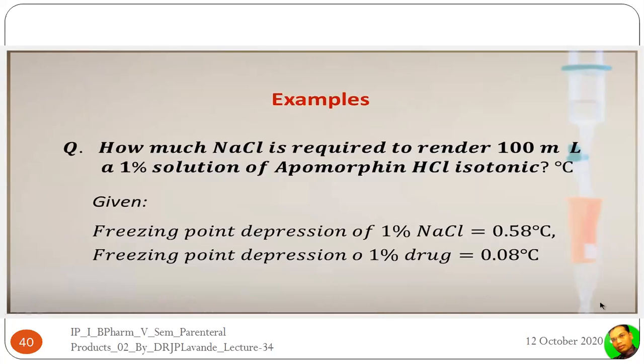Let's see an example: how much sodium chloride is required to render 100 ml of 1% solution of apomorphine hydrochloride isotonic. The freezing point depression of 1% sodium chloride is 0.58 degrees Celsius, and the freezing point depression of 1% drug, apomorphine hydrochloride, is 0.08 degrees Celsius.